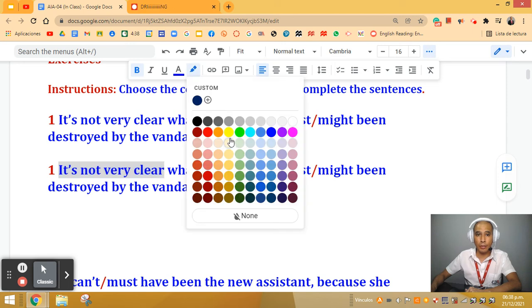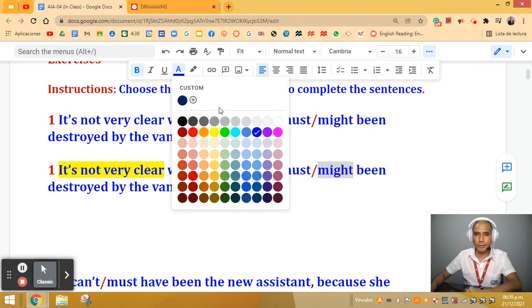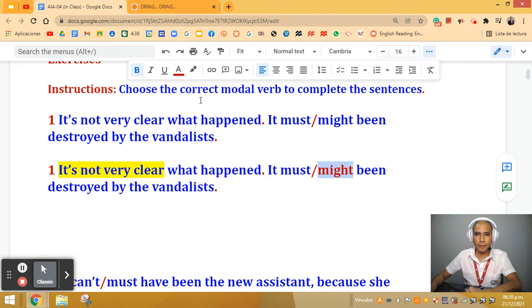Since it's not very clear, we are not sure about it. That's why in this case I have to choose might. So this is going to be my correct answer. I'm going to use red and highlight with yellow color. Why am I using might? Because it's not very clear, so I'm not sure. It might have been destroyed by the vandalists. The keywords are it's not very clear. That would be my choice for number one.